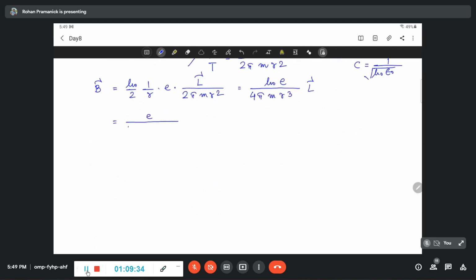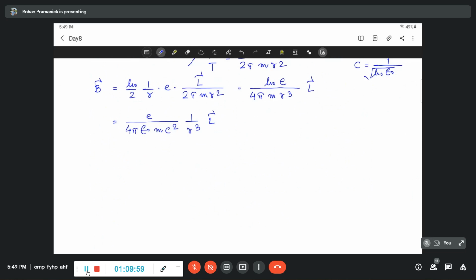So e by 4 pi epsilon 0, and there is a c squared, there is an m, there is an r cubed, and there is an L, right? So this we got as an expression for the magnetic field created by the proton.